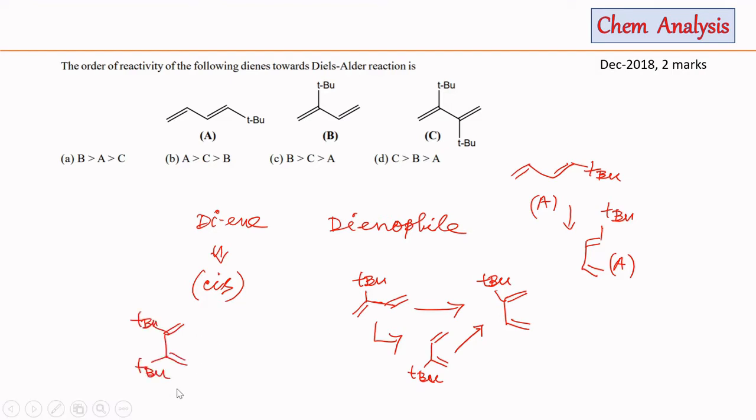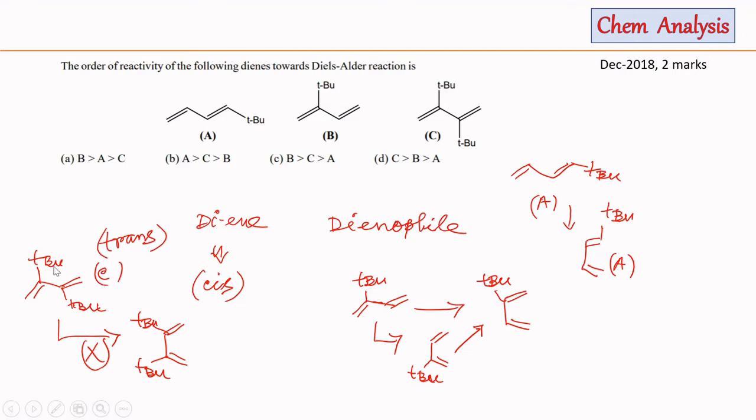Now this orientation is energetically unfavorable, since there are two bulky tertiary butyl groups at the vicinal position. So this rotation will not be energetically favorable. That means rotation of this compound to this compound is not energetically favorable, and this structure C will remain in the trans orientation of the double bond.